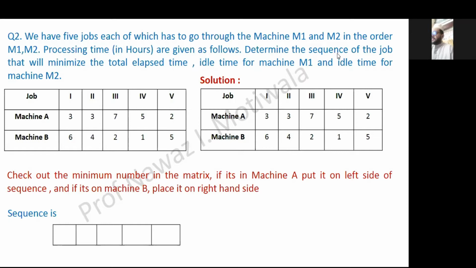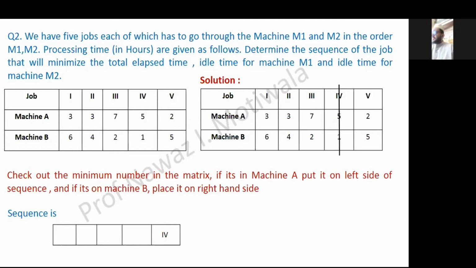The minimum number is 1, and 1 is located on machine B. So I will write it on the right hand side. I will place job 4 on the right hand side, and now I will cancel this out because it is already in the sequence.